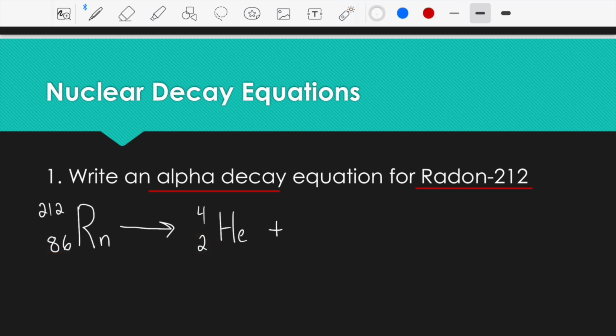So I would start by asking myself, what plus 2 gives me 86? Well, 84 plus 2 would give me 86. So I know the atomic number of the daughter nucleus should be 84.